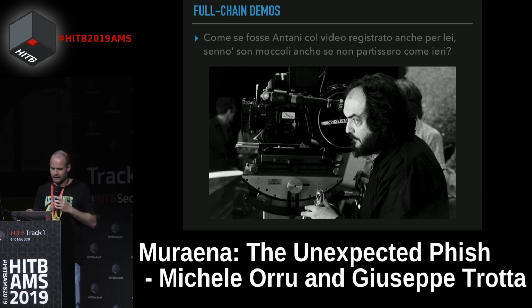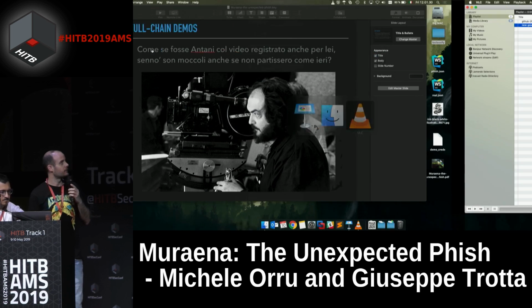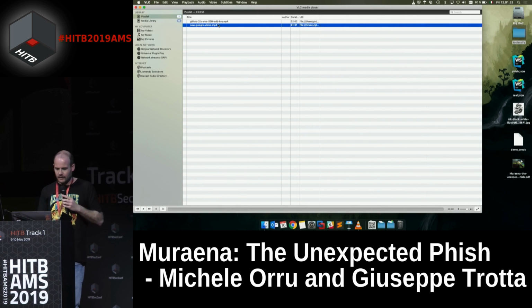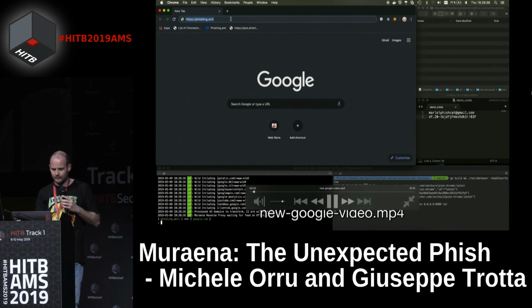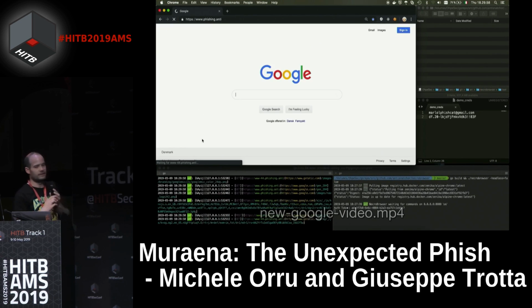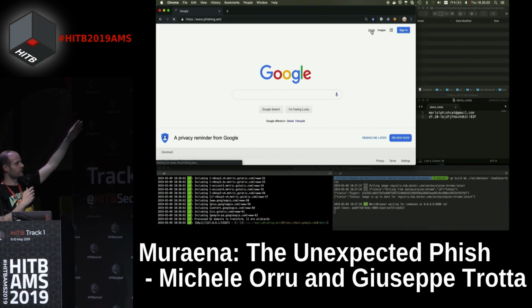So, we are going to show you a couple of videos so that you have a better understanding of what we discussed so far. The first example is Google as the target. We are serving the phishing domain on phishing.anti.